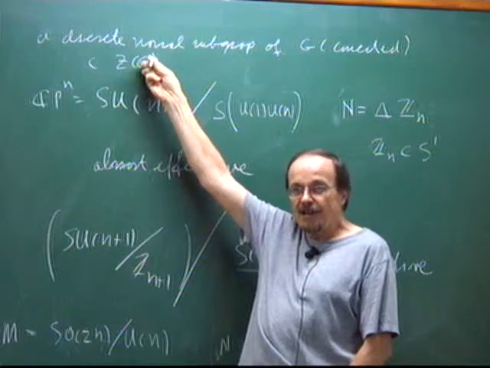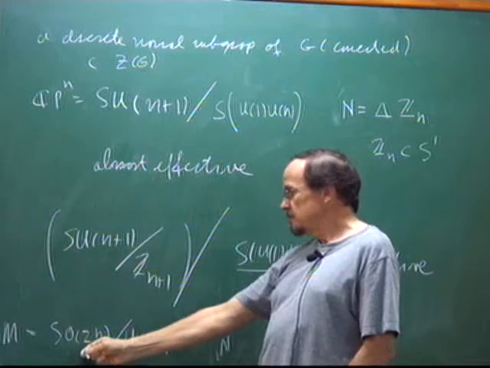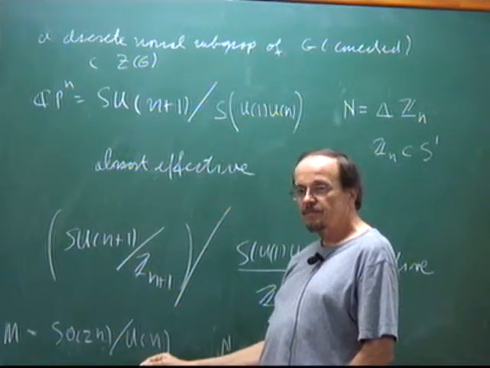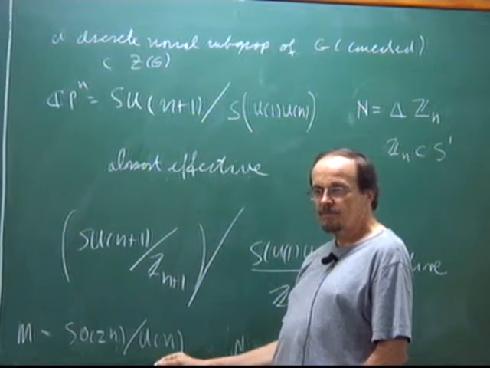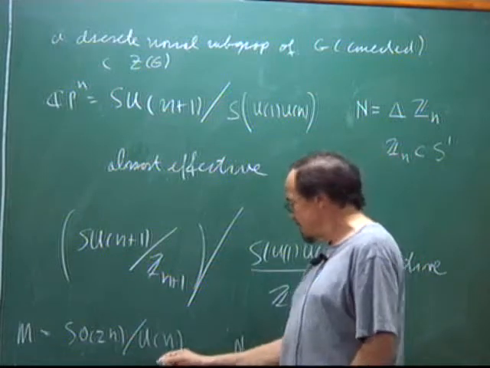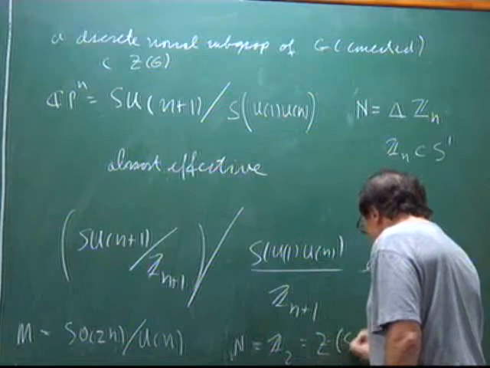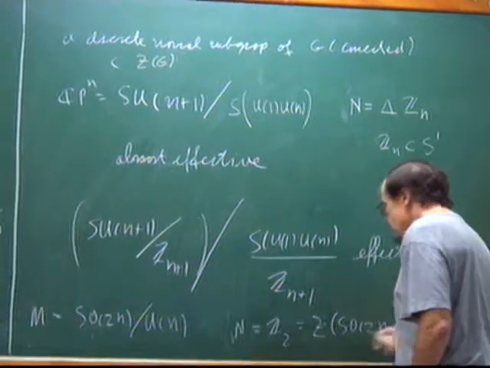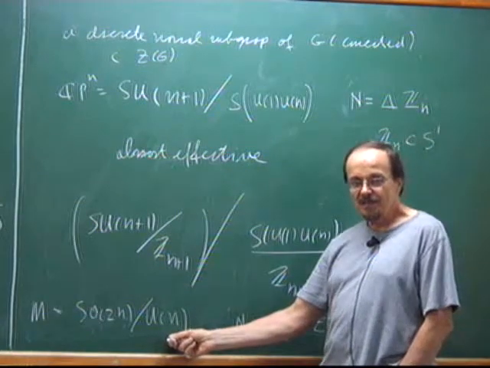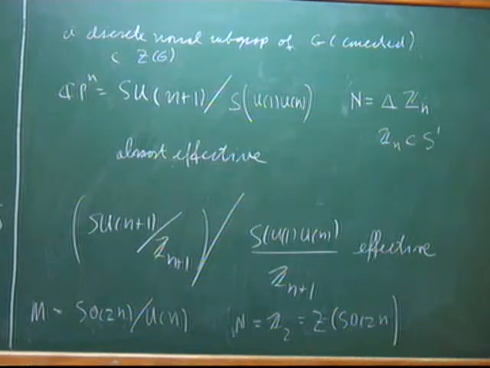Because the ineffective kernel is the largest normal subgroup that G and H have in common. So the center of SO(2n) is plus or minus identity. Does it lie in U(n)? Sure. Minus identity is complex linear. So it's not effective. N is Z2, the center of SO(2n). So I'd have to also divide by Z2 to make this into an effective homogeneous space. Clearly not very convenient. Okay, that's one issue.